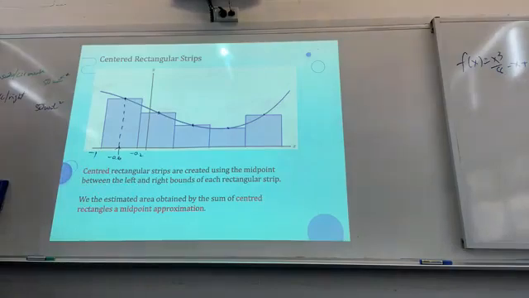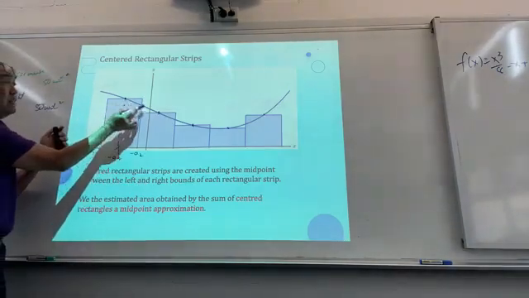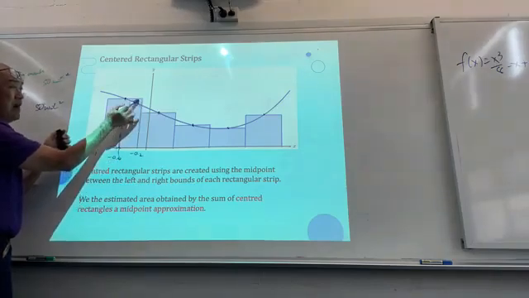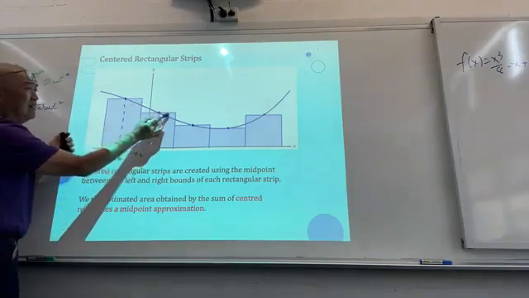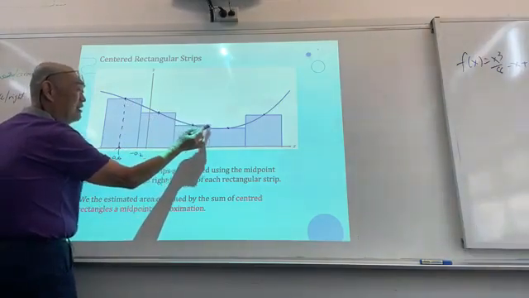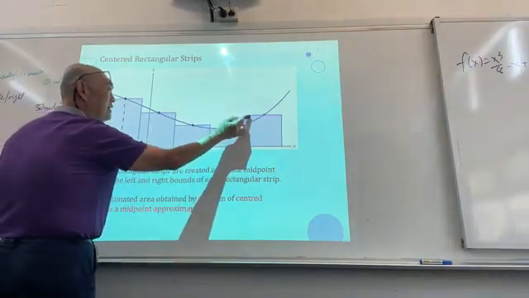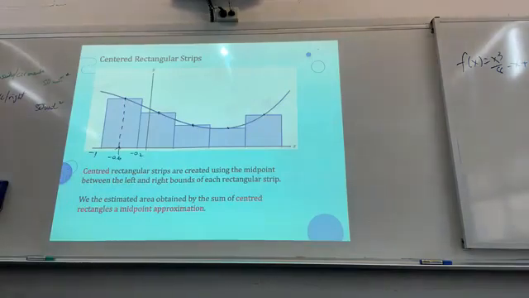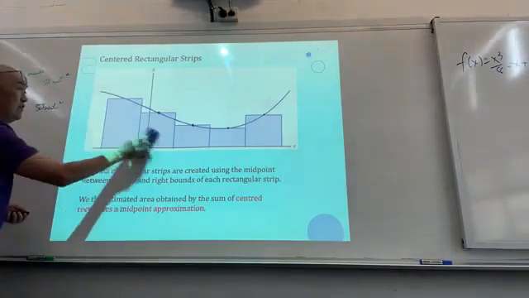Yeah? So you're using the midpoint to estimate. Again, you can see that these two triangles will be about the same area, so it sort of cancels out. This is a little bit overestimate, a little bit underestimate. That about the same, but here you definitely are only estimating. You are not finding the exact value of the area under the curve.